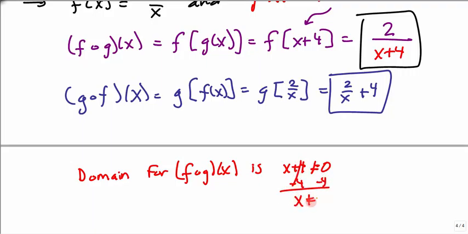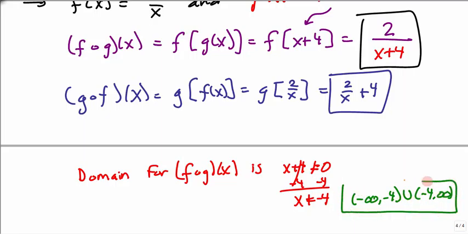So x cannot equal -4. And of course, in interval notation, this is -infinity to -4 union -4 to infinity. So there would be my domain for that particular value.